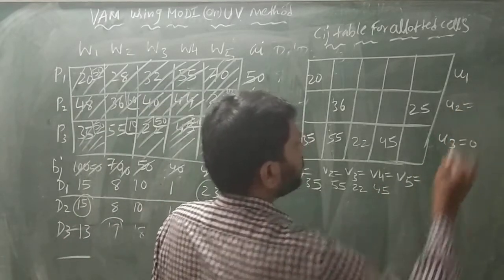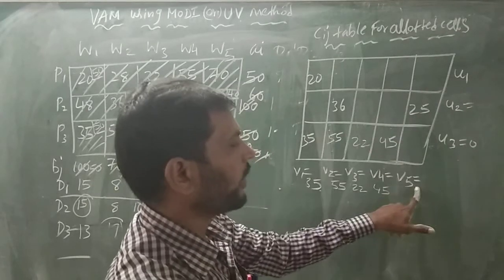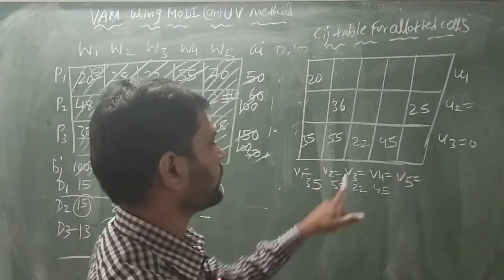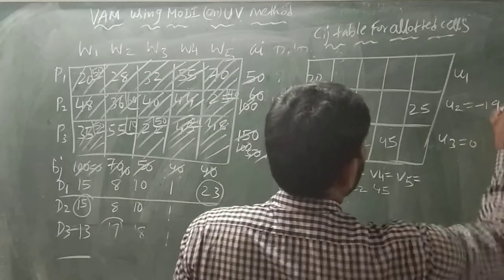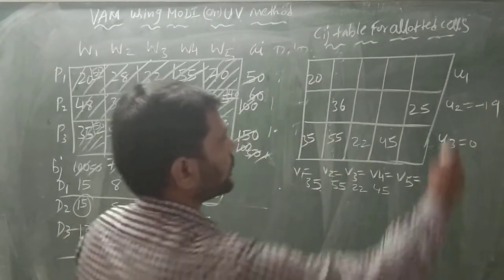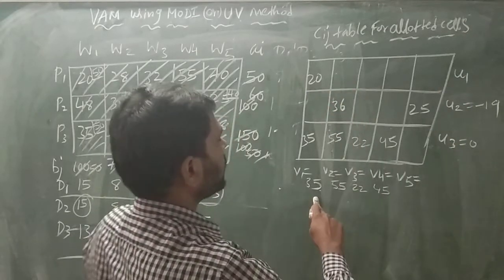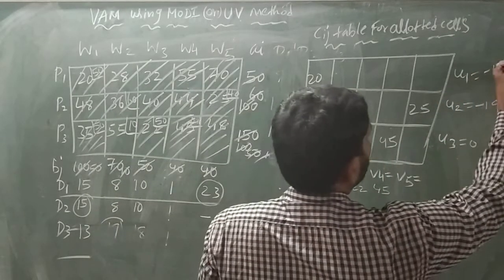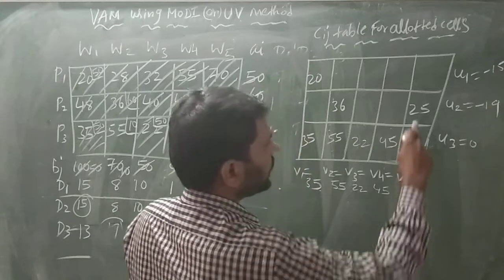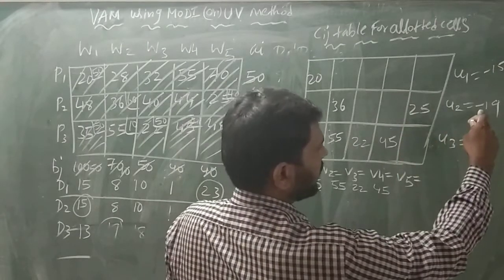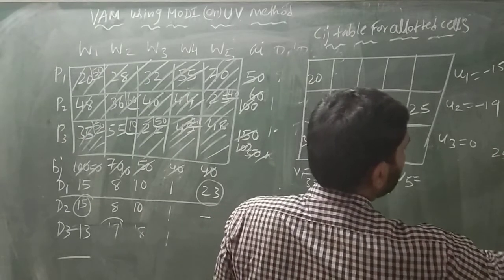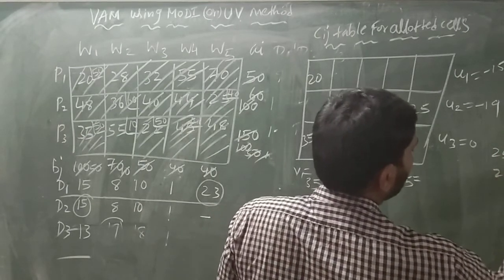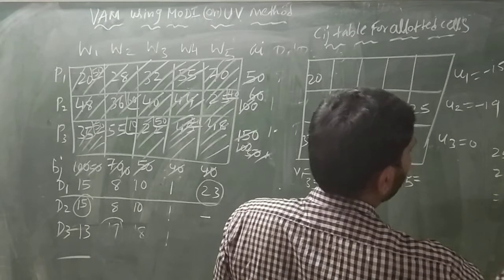And for U2 there is no direct value, so I skip it; next one is 36 minus 55, which is minus 19, and next U1 is 20 minus 35, which is minus 15. So V5 is 25 minus (minus 19), so 25 plus 19 is 44.